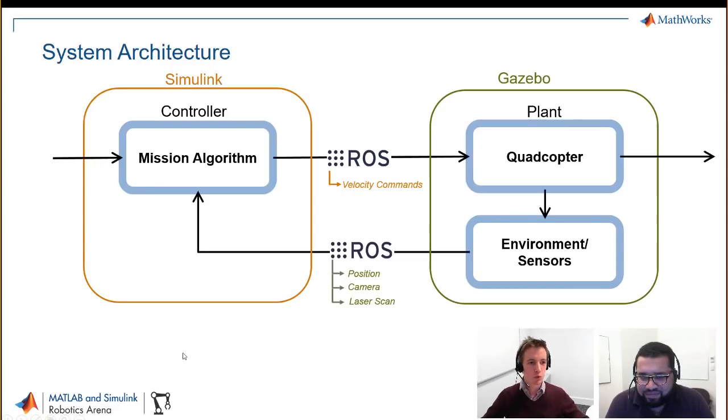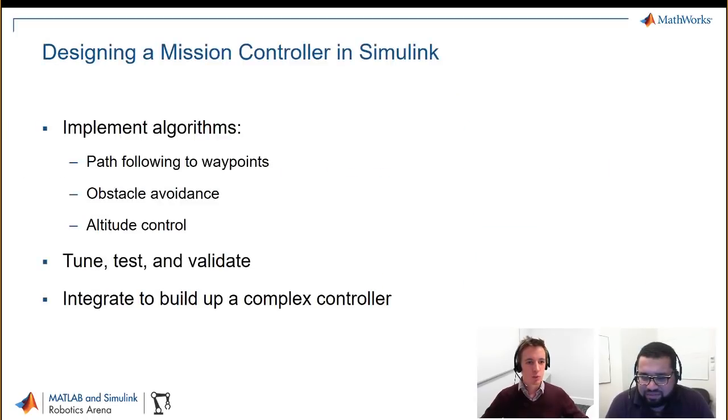So we are going to show how we use Simulink to design the mission algorithm and to follow some waypoints, for example. And also we'll be able to visualize the simulation result in Gazebo. In Simulink, we'll implement several algorithms. There is a path following algorithm that allows the drone to follow waypoints that we provide to it.